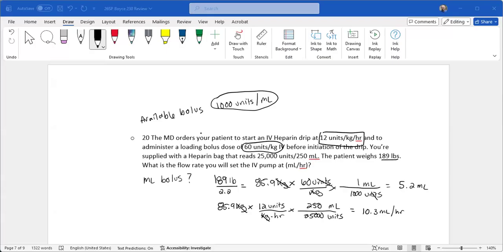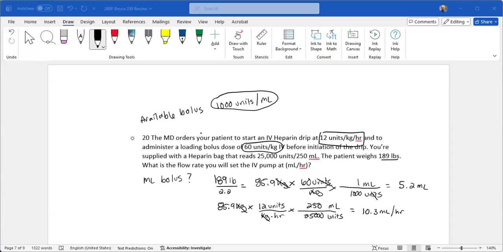I've never seen this done, but I imagine what's happening is you have a little vial, they're attached to the IV, they're on the heparin drip. You've already set the infusion for the 10.3 milliliters per hour, and then you go to a separate bolus vial with a syringe.